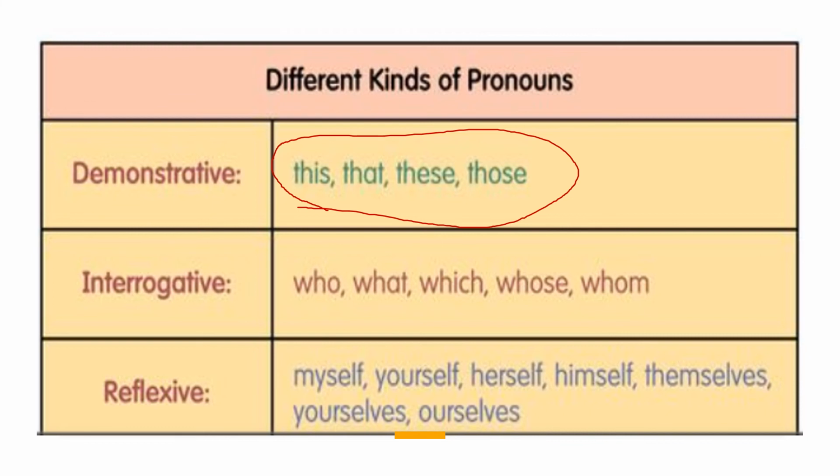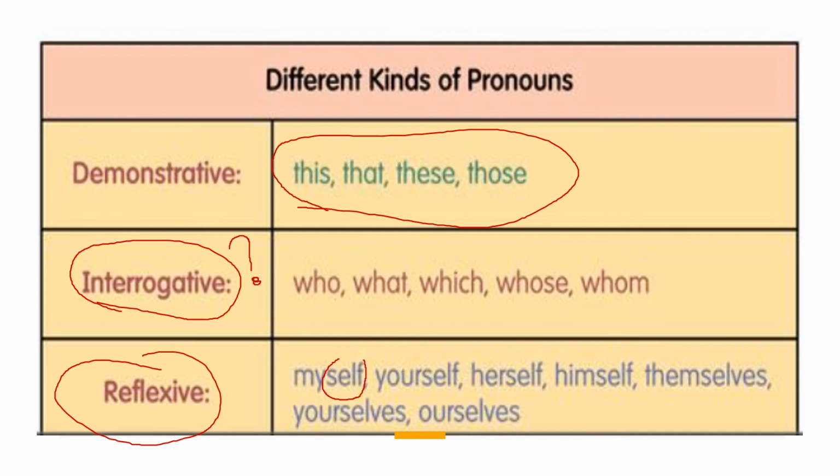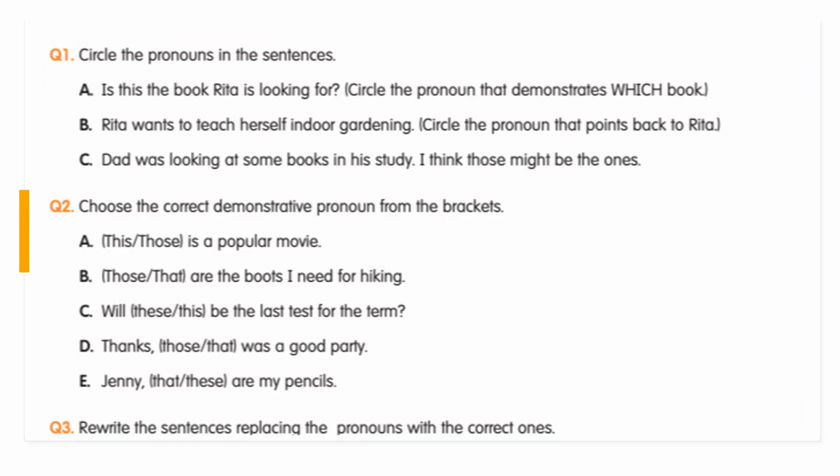When I talk about interrogative, that means question words. And reflexive means the words which end with self or selves. They are called reflexive pronouns. I hope we can remember this table like this. And now we'll proceed with the workbook.